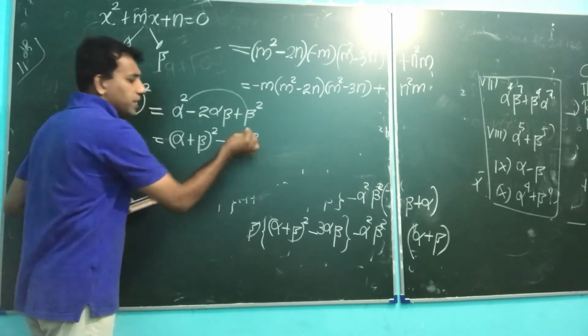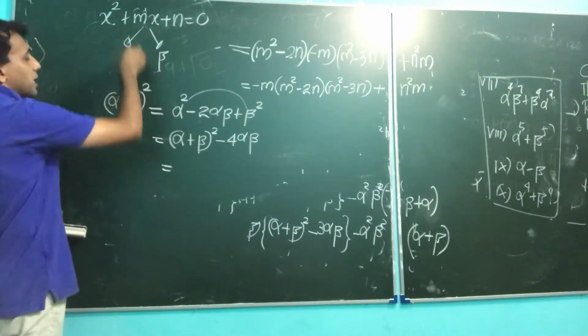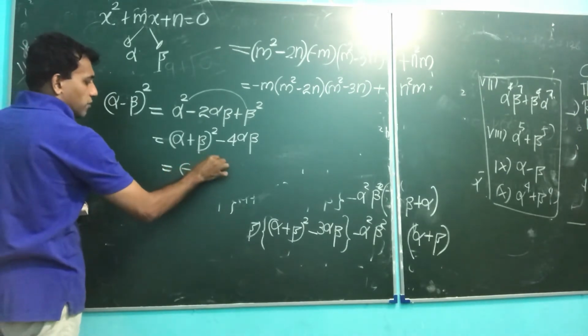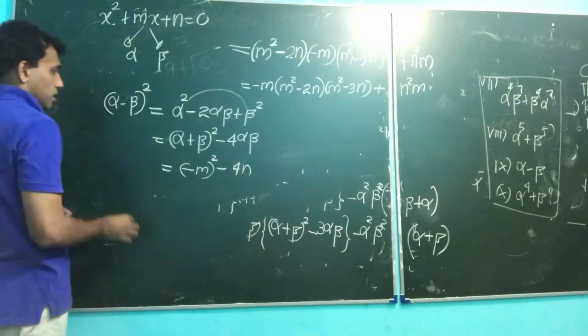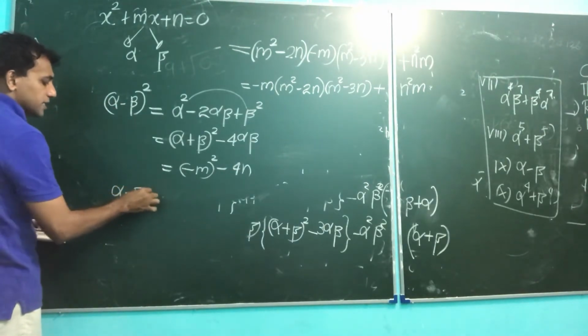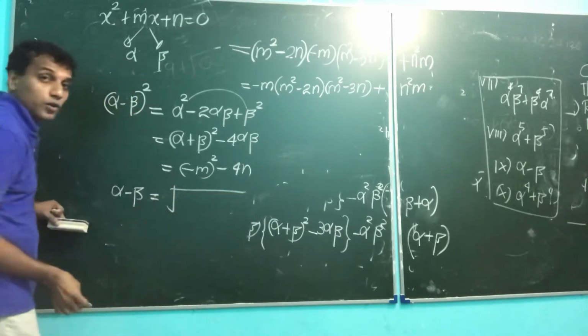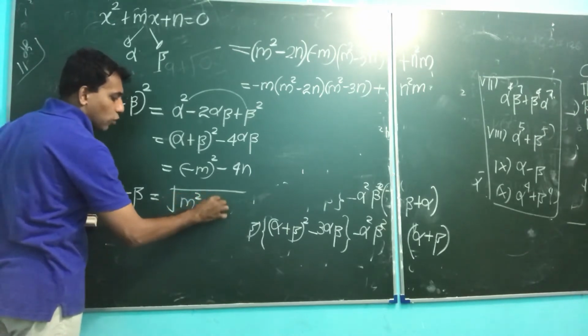4 alpha beta, right? Therefore, what is alpha plus beta here? Minus m square. What is 4 alpha into beta? C over n. Therefore, the alpha minus beta answer is the square root of m square minus 4n.